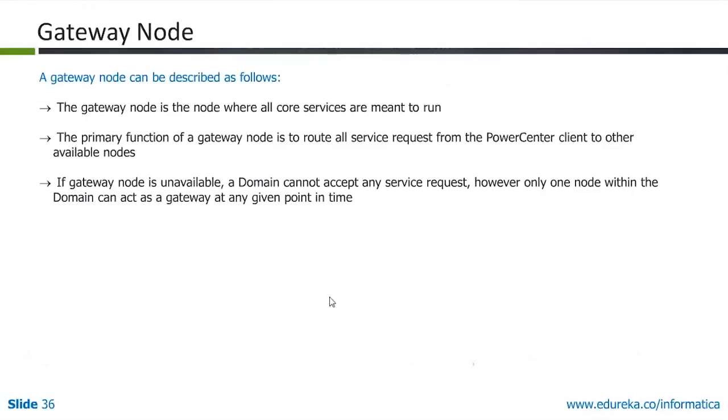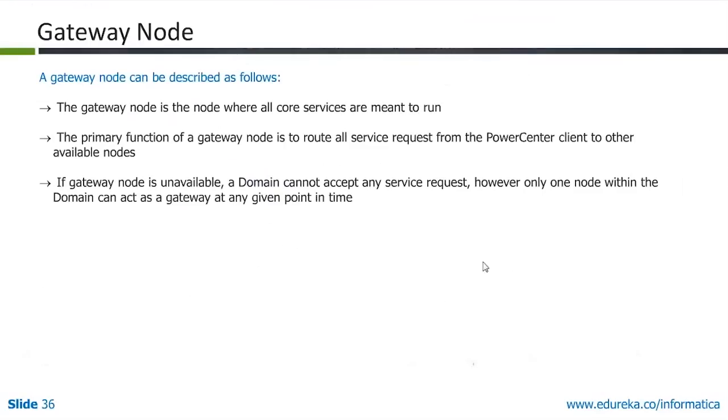As I was saying, a particular node can act as a gateway node. So only one node can act as a gateway node at a given point in time. And the primary function of the gateway node is to route all the service requests from the PowerCenter client to other available nodes, based on the availability of the particular nodes. What acts as a backup if the master node fails?